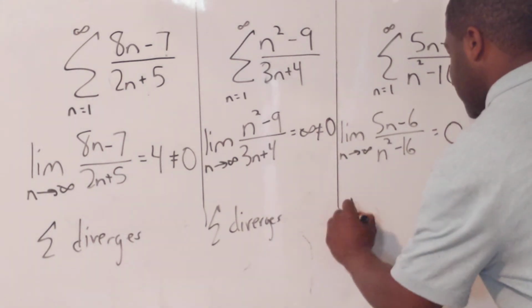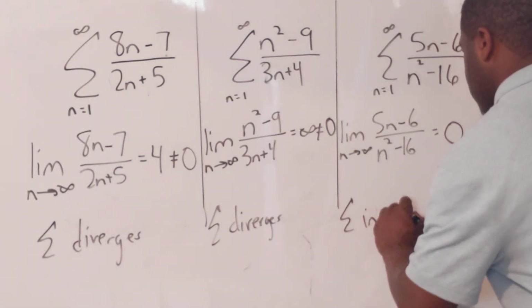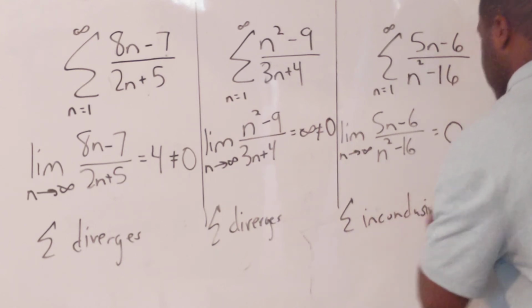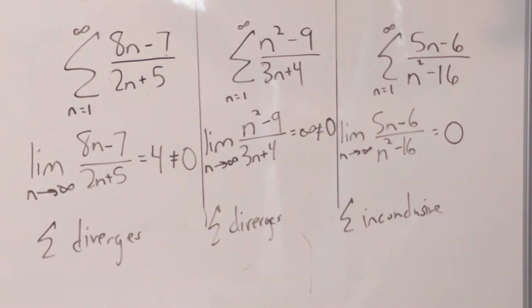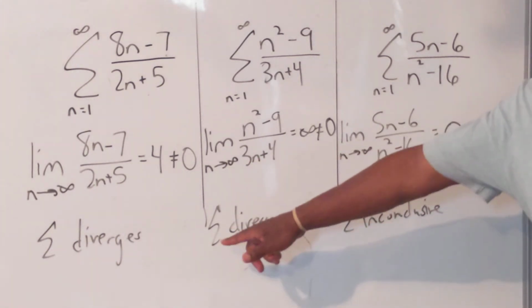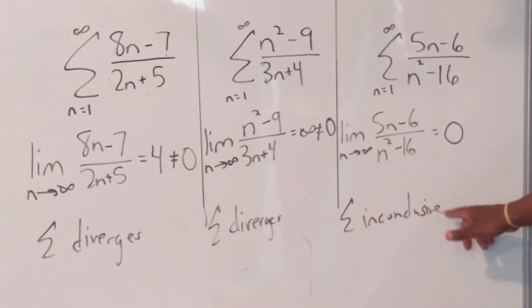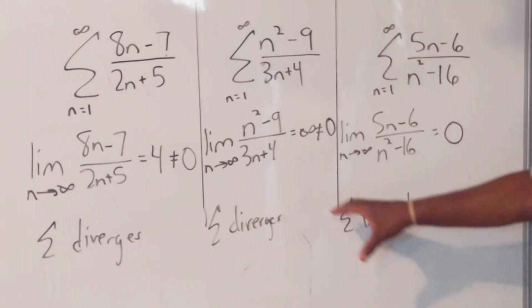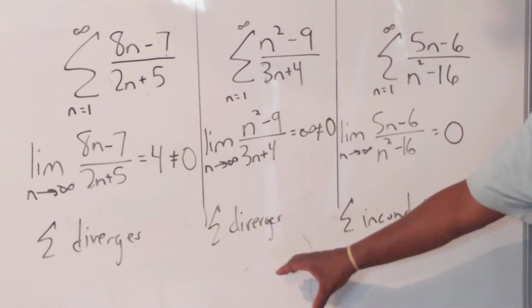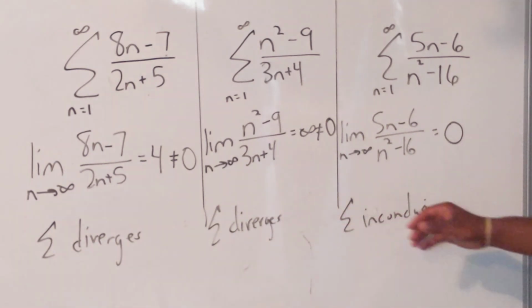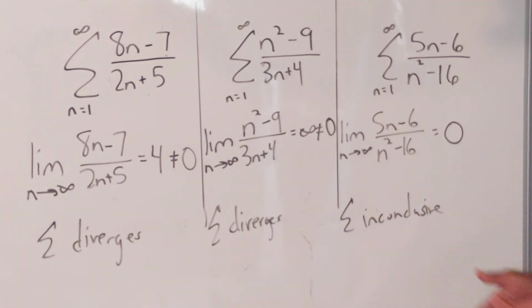This series is inconclusive. Now, the nth term test for divergence, it's either diverges or inconclusive. A series will not converge by the nth term test for divergence. That's what it's called.